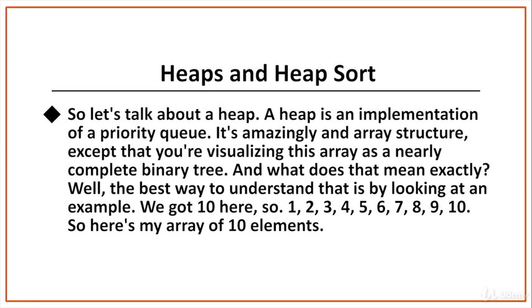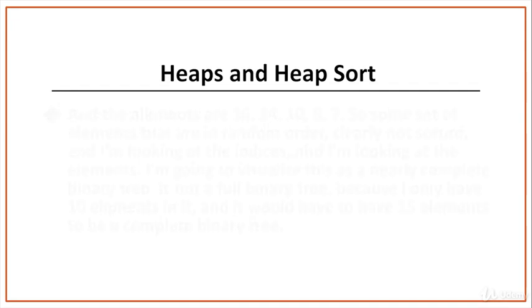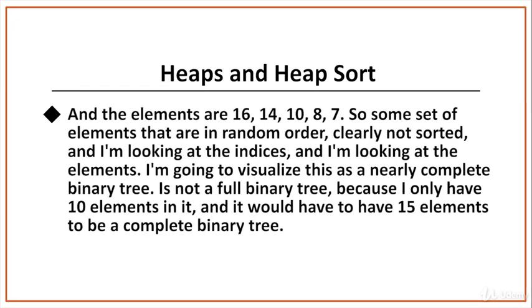We've got 10 here: 1, 2, 3, 4, 5, 6, 7, 8, 9, and 10. So here is my array of 10 elements, and the elements are 16, 14, 10, 8, and 7. So it's some set of elements in random order, clearly not sorted, and I'm looking at the indices and the elements.